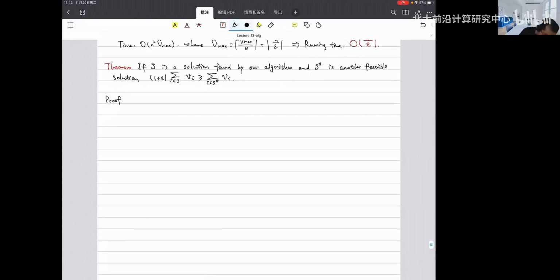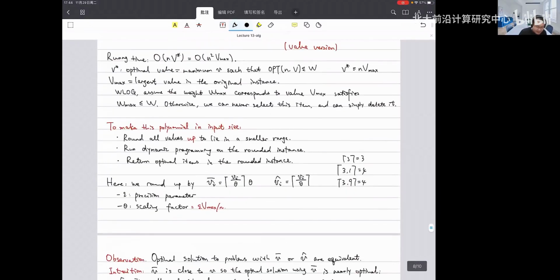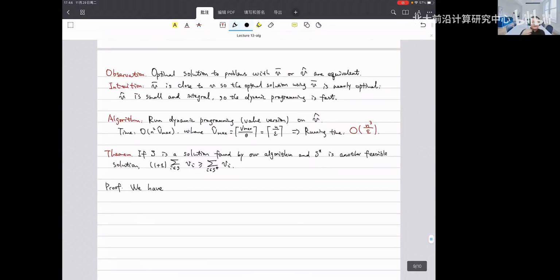Okay, so let's finally prove this theorem. The proof is that we are going to have a chain of inequalities. As discussed in the intuition, we are going to have two relationships. We are going to first relate the problem of V to the problem of bar V, and then relate the problem of bar V to the hat V problem.